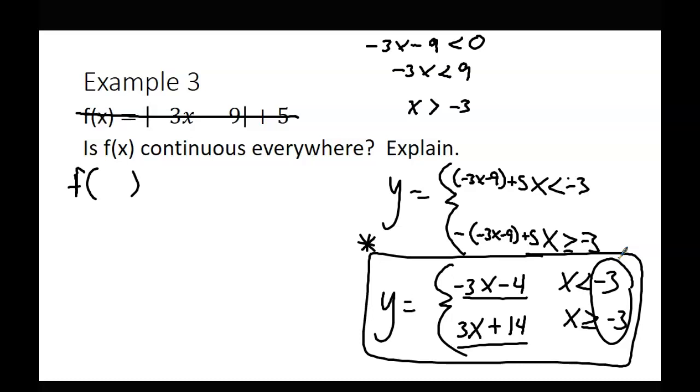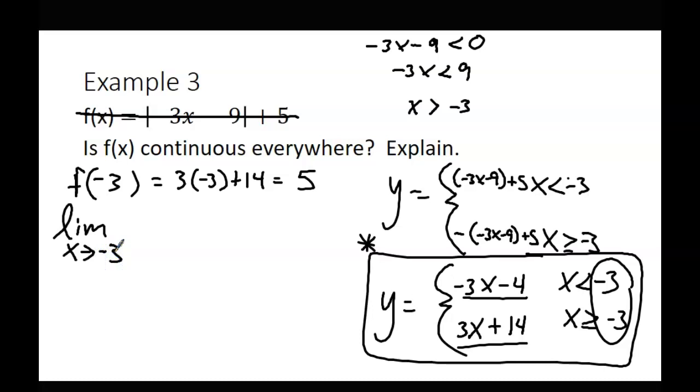So I need to check to see if it's continuous at negative 3, right? So what piece am I going to use for that? Negative 9 plus 14 is 5. Okay, now we've proven the function exists there. Prove the limit exists. So I want to find the limit as x approaches what number?